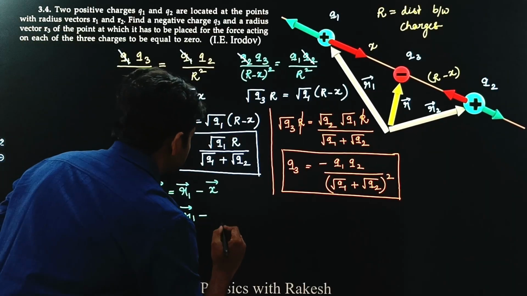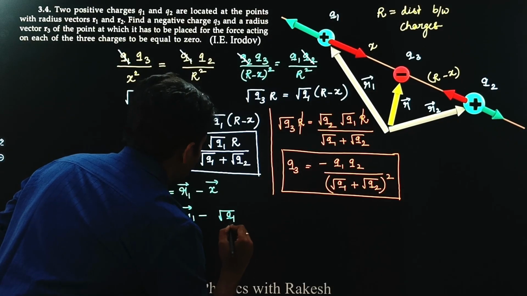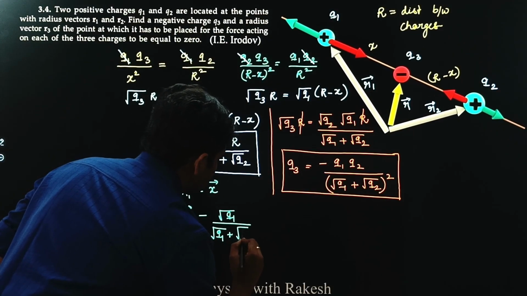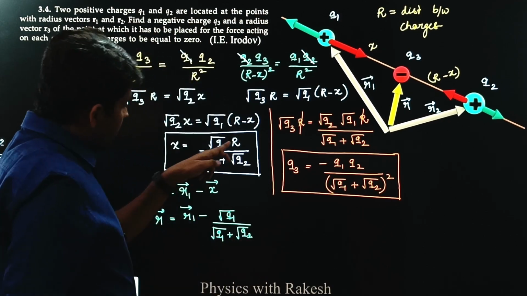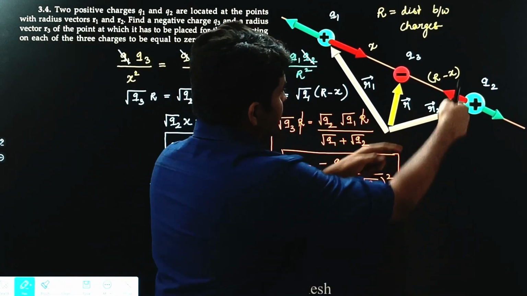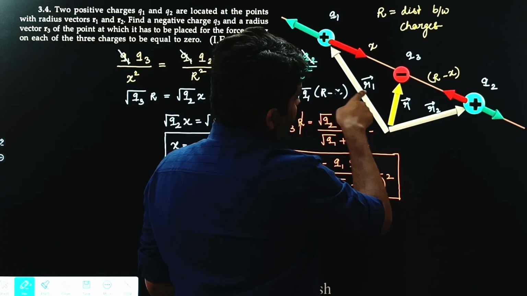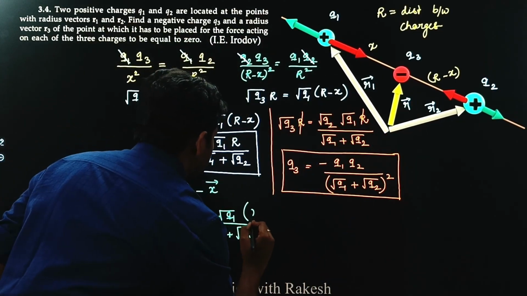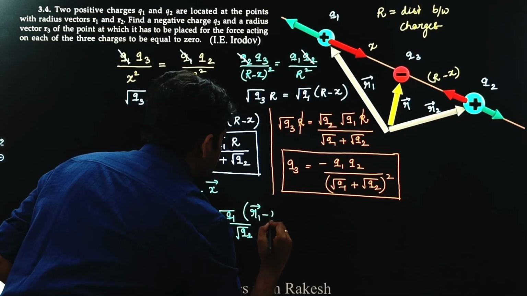So we can write this as root q1 divided by root q1 plus root q2, times r. What is this r? This vector r is nothing but r1 bar minus r2 bar. So in this place, I'll write r1 bar minus r2 bar.